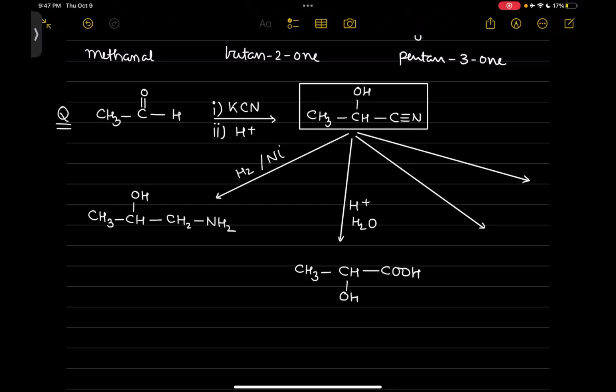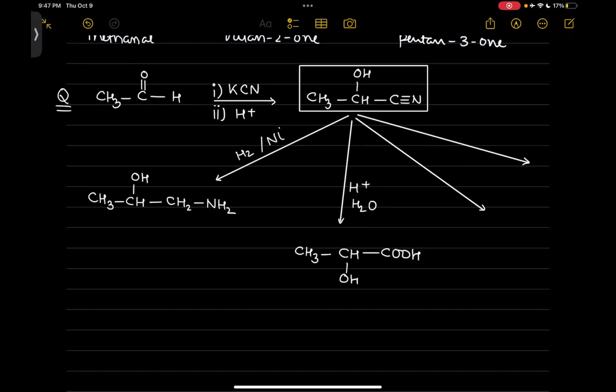Marwa and Jaslin, can you name this acid? Yeah, Marwa. Jaslin. This is 2-hydroxypropanoic acid.